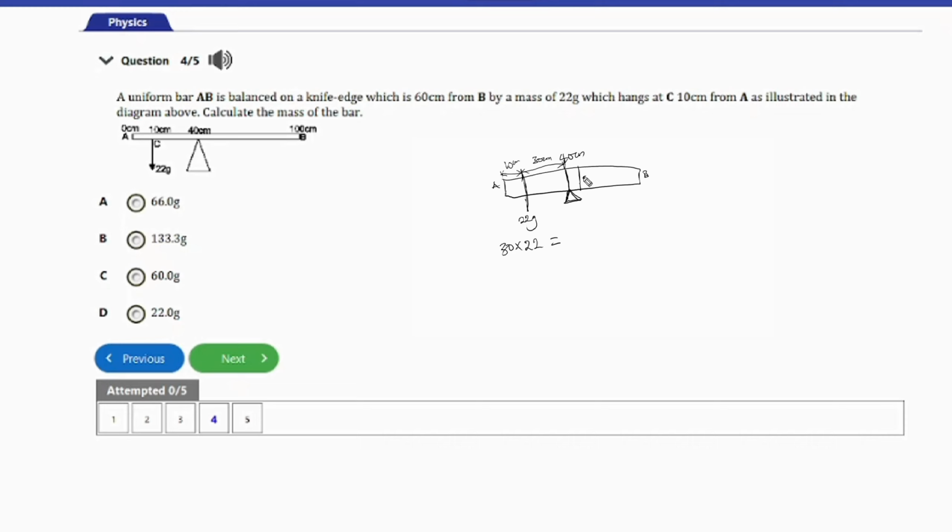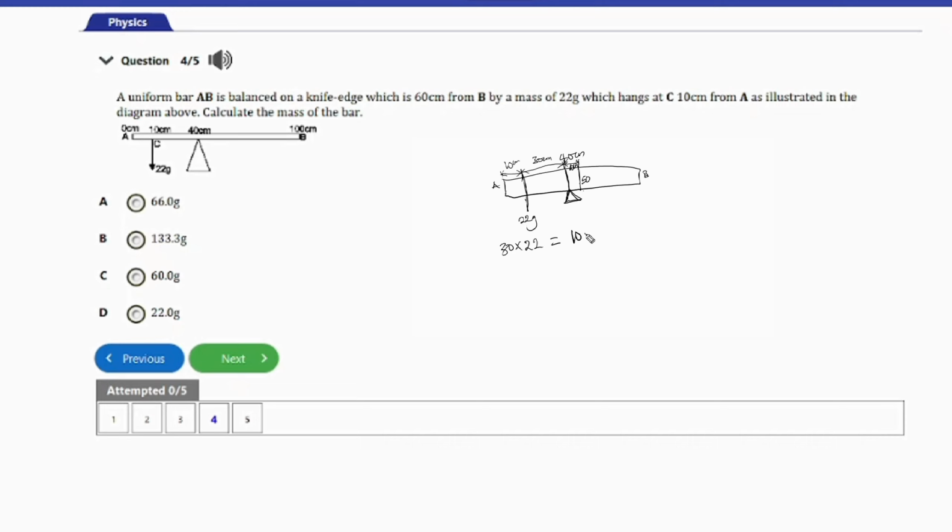Since it's a bar of 100 cm long, the mass is going to be centered at 50 cm. So that will be 50 minus 40, that's 10 cm from this pivoting point. So we're going to illustrate this. The mass is going to be 10 cm from here. Let's call the mass m.